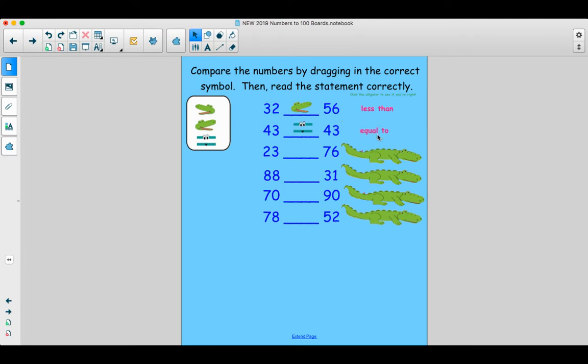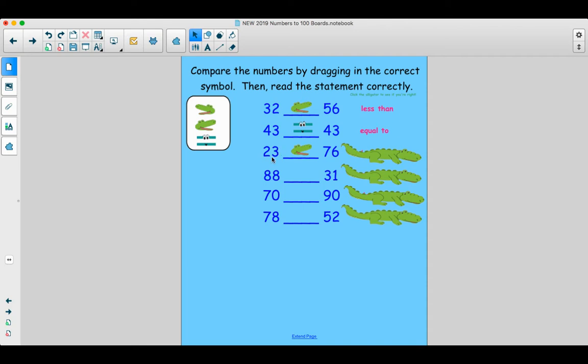Is that right? Yep. 23 and 76. So these are two different numbers. Which one would the alligator want to eat? The bigger number, that's right. So again, we're going to use the less than symbol because the first number is smaller than the second number.